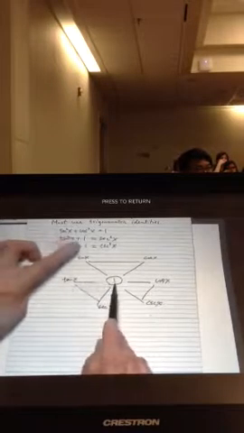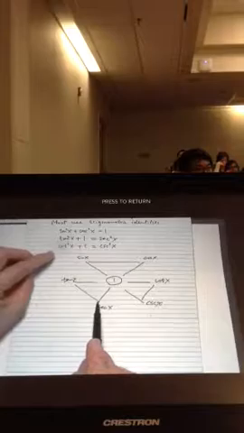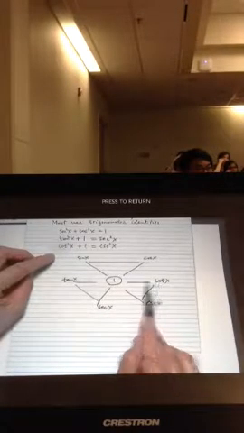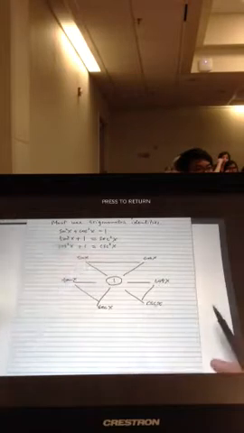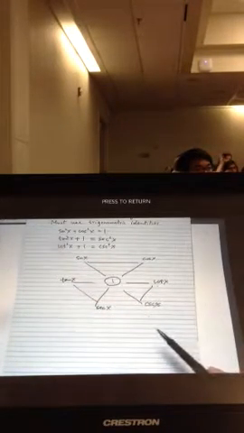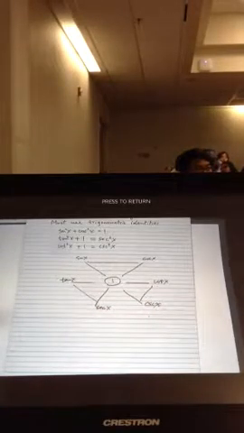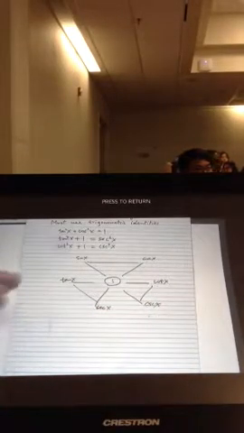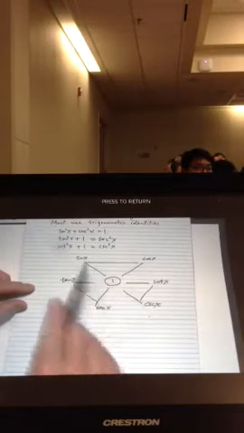Tangent square plus 1 square, which is 1, equals secant square. Cotangent square plus 1 square is cosecant square. So if I draw this picture, I remember all these 3 trigonometric identities.